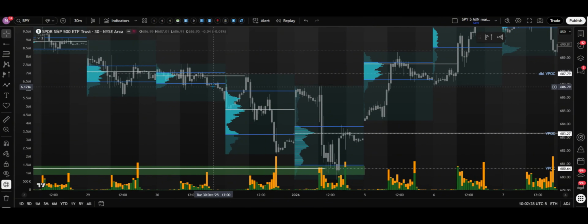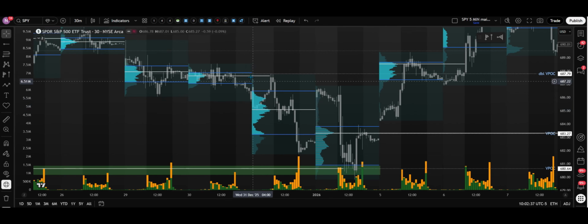Price opens, it moves down, tests lower in the post market, and then into the pre-market buyers try to pull this back up, saying, hey, let's try to get price back to this range to see if we can conduct business.